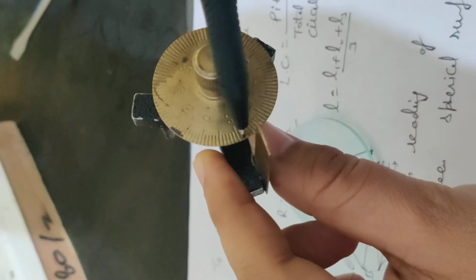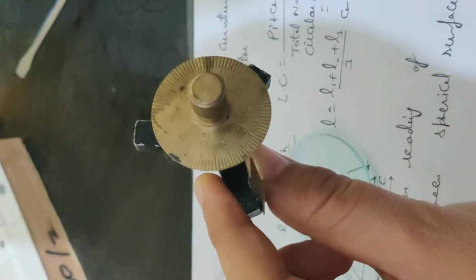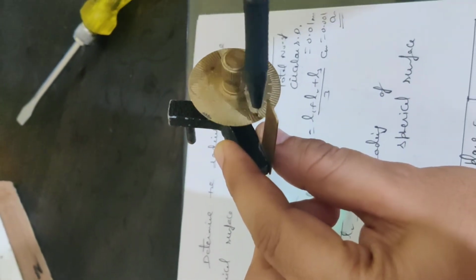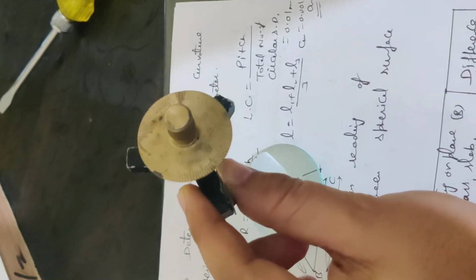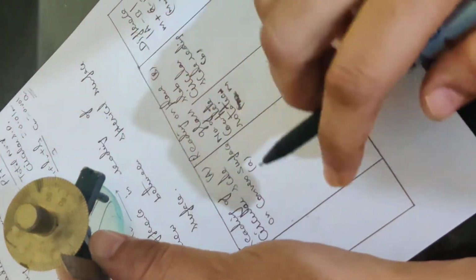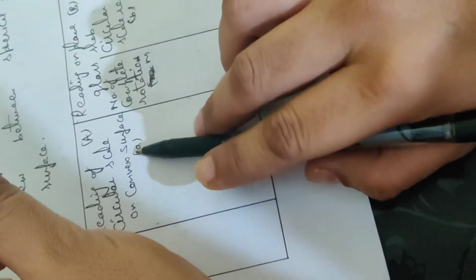So the divisions are 100 minus 87, which is 13. Okay, 13 divisions it moves through the circular scale. Here it is 87. Okay, so I will just write here: reading of circular scale on convex surface, it is 87.